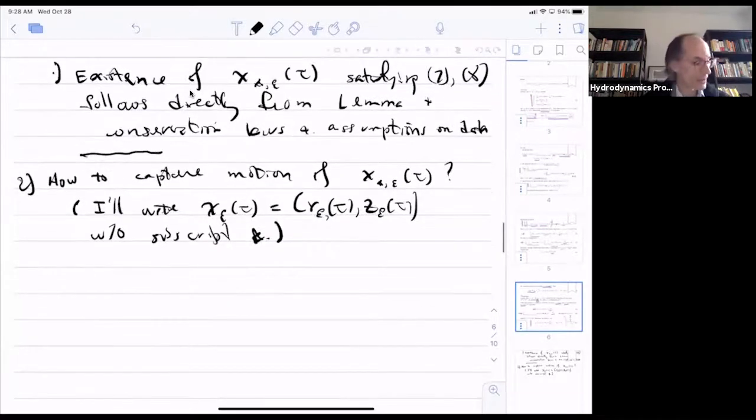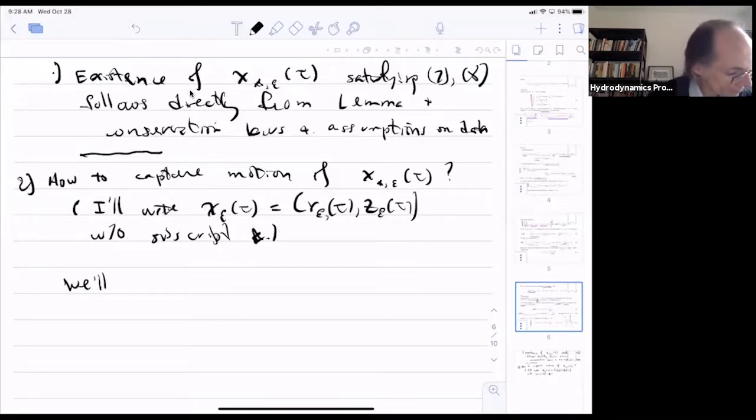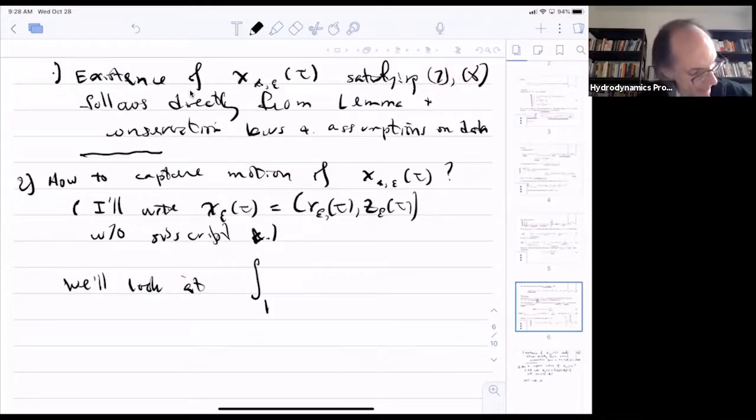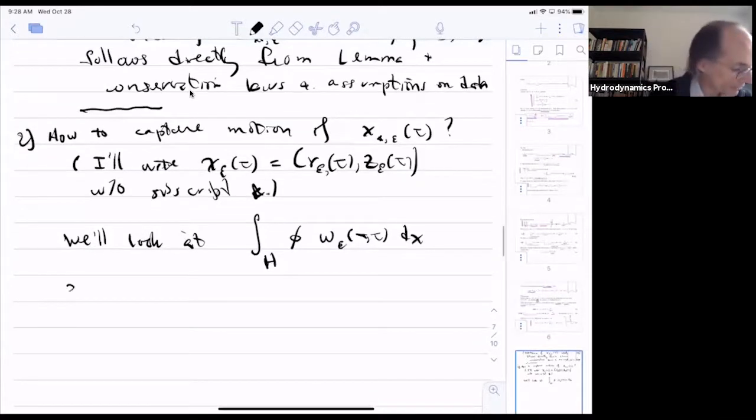Okay, and so here's what I want to do. I'll look at the integral over the half space of, say, phi times omega epsilon of x tau dx for a test function phi.